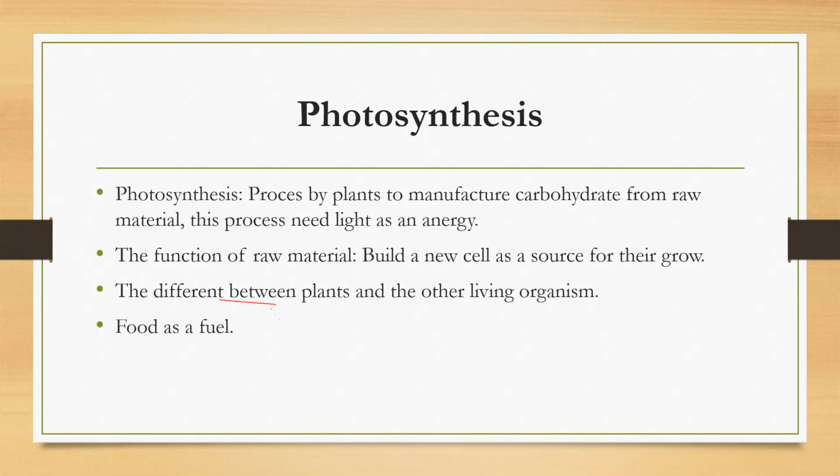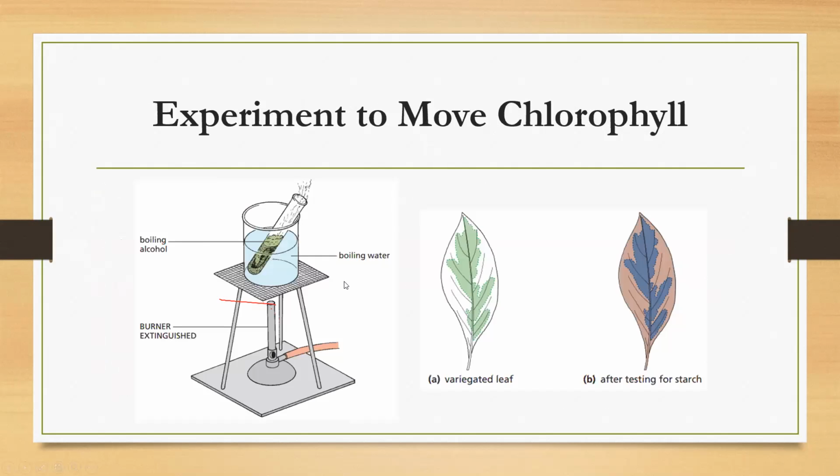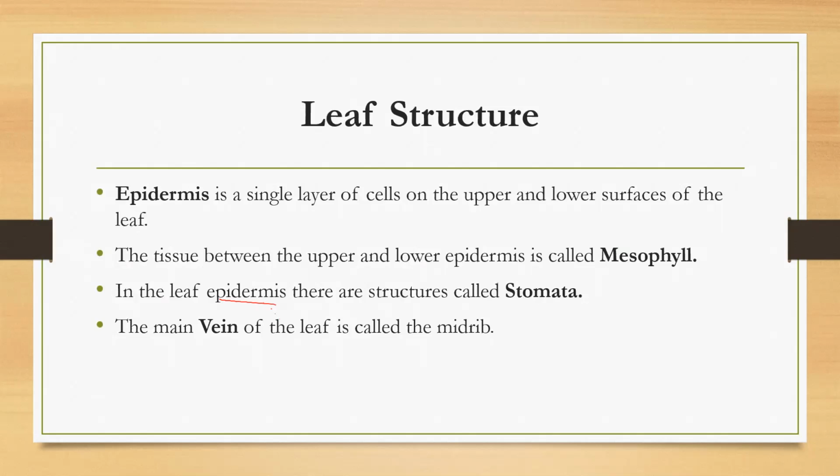Give me an example of a plant that has stomata. Actually, if the plant has a leaf, in the leaf there is stomata, like maybe an apple tree and so on.